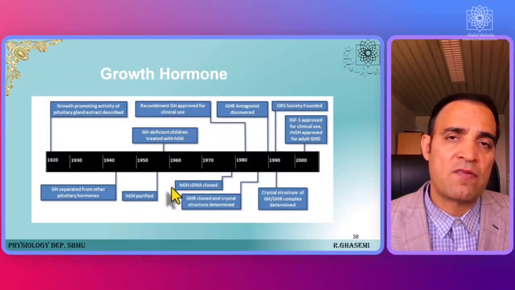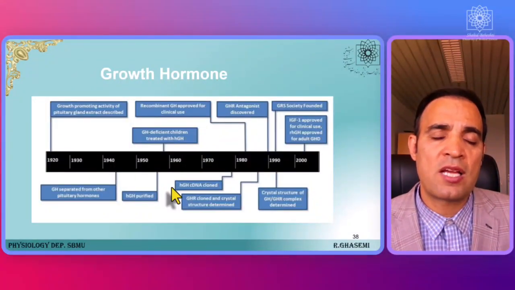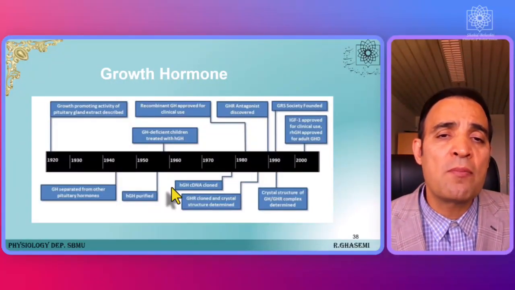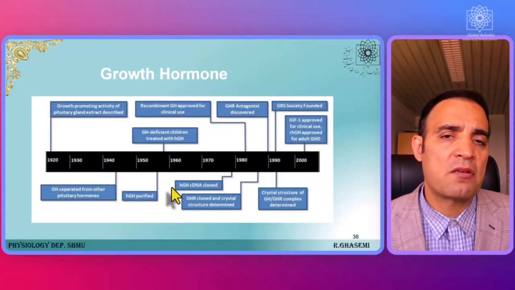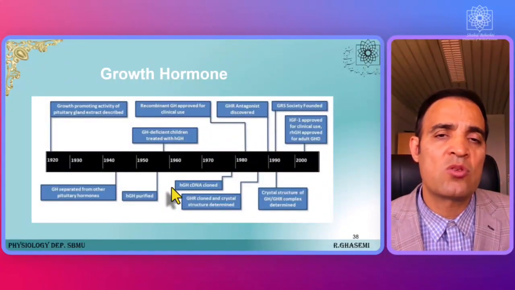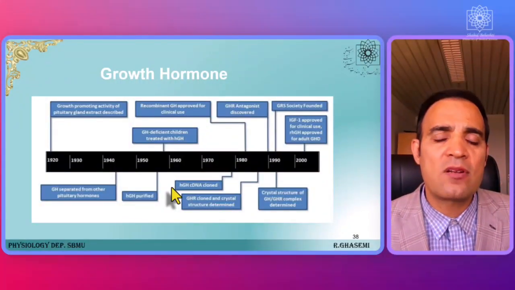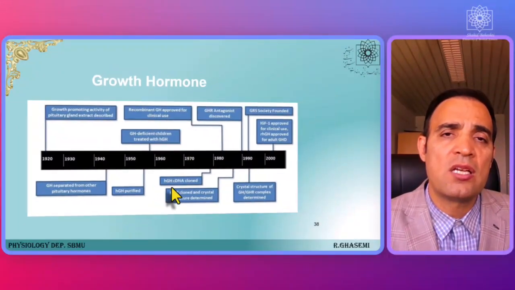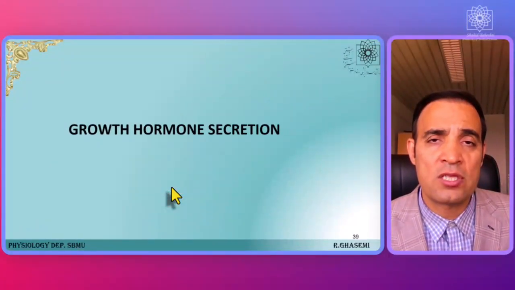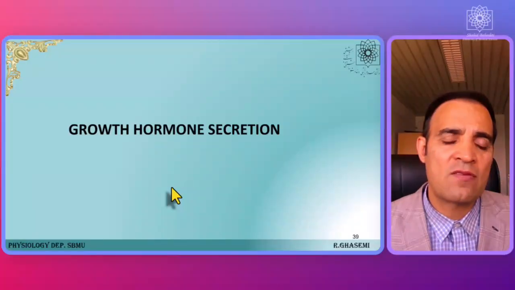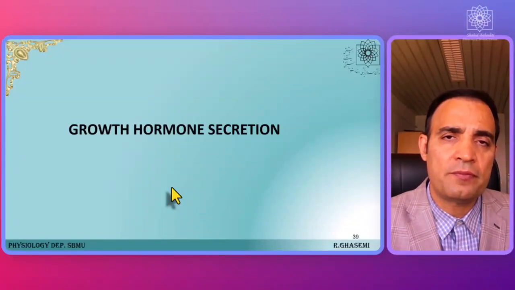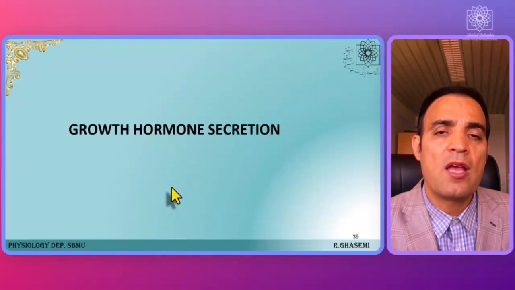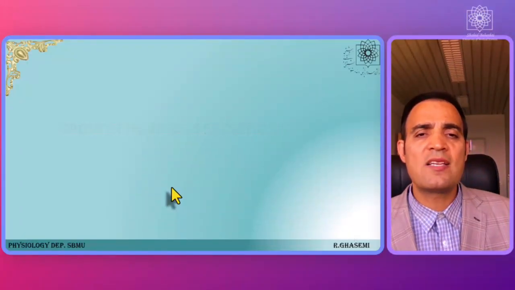Then scientists were successful in producing recombinant growth hormone, and its clinical use was approved. And all this time, growth hormone was a topic for research and for clinical investigations.